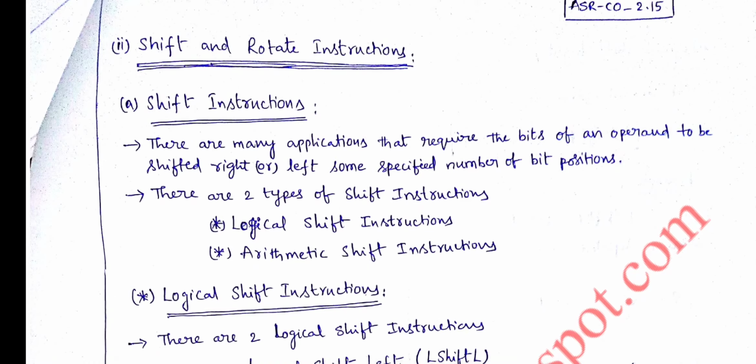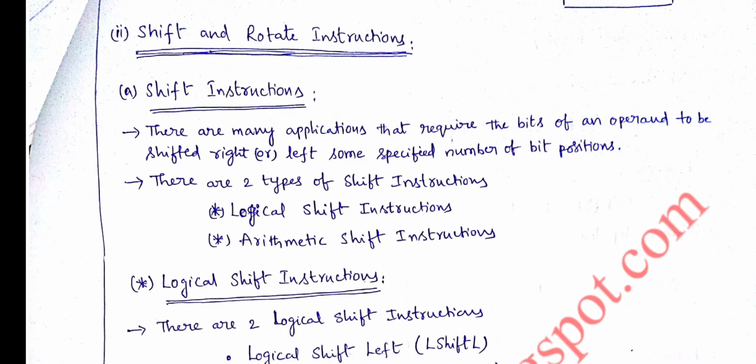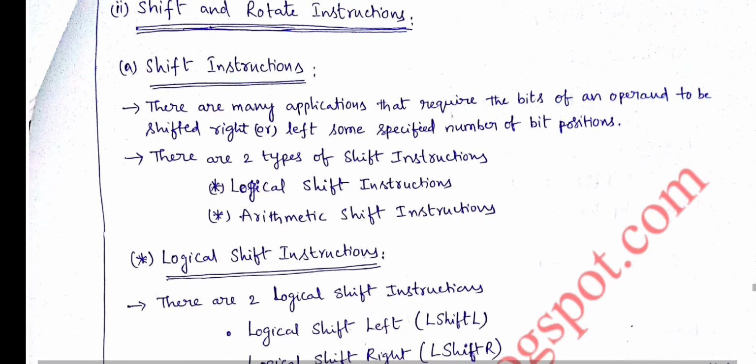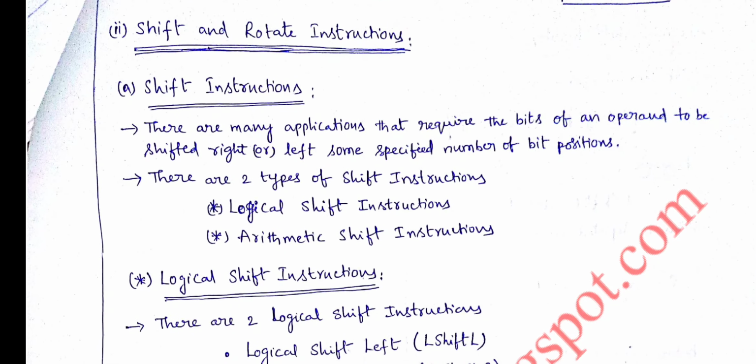Next, shift and rotate instructions. First, shift instruction. There are many applications that require the bits of an operand to be shifted right or left some specified number of bit positions. Shift means you have to shift from one place to another place, right?